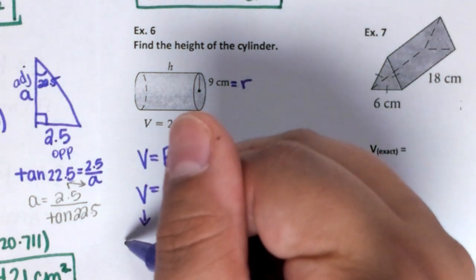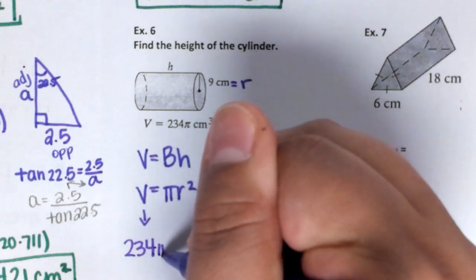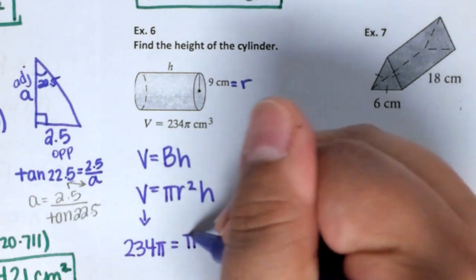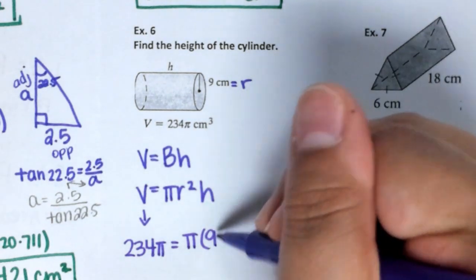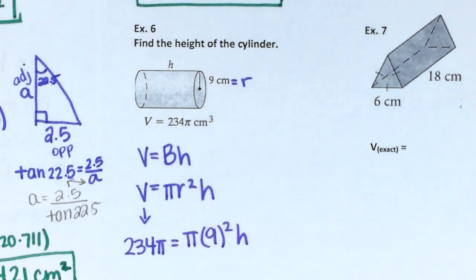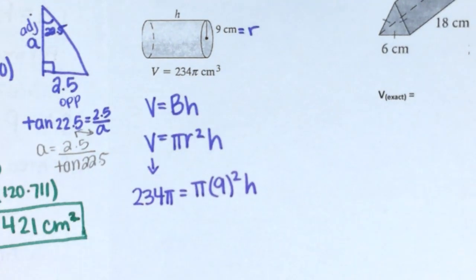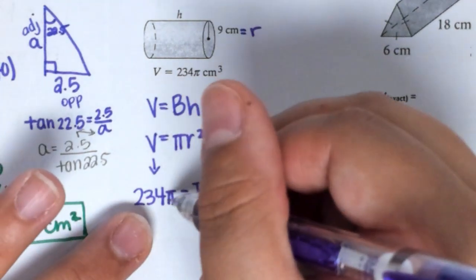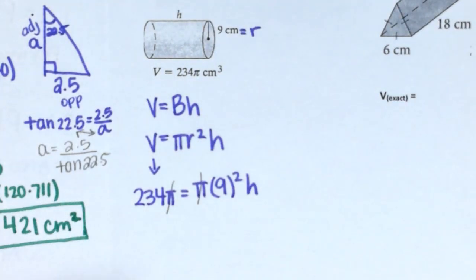I know volume is 234 pi. I know we have pi, I know r squared, and I know h. What can I do here to get h by itself? The pi's can cancel. What is 9 squared?